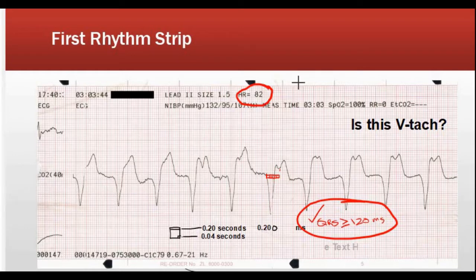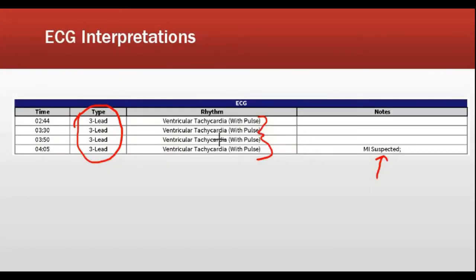But if it ain't tachycardia, then it isn't VTAC. VTAC has to be tachycardic, otherwise it wouldn't be called VTAC. So for the moment, we're going to conclude that the first rhythm strip is not VTAC. And therefore, I have to respectfully disagree with the paramedic's conclusion that the rhythm strips are VTAC with a pulse.